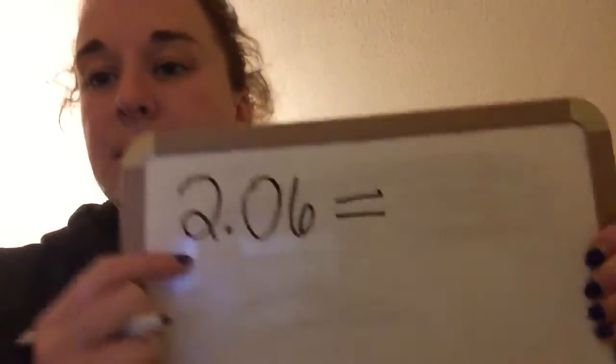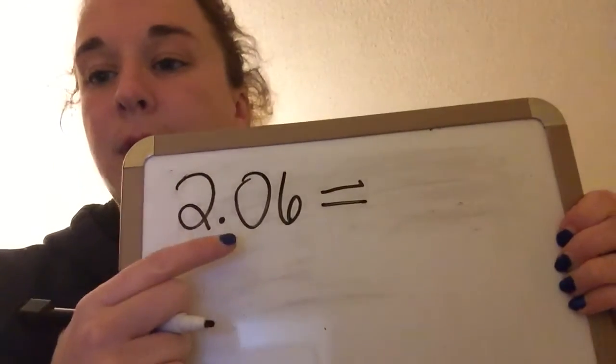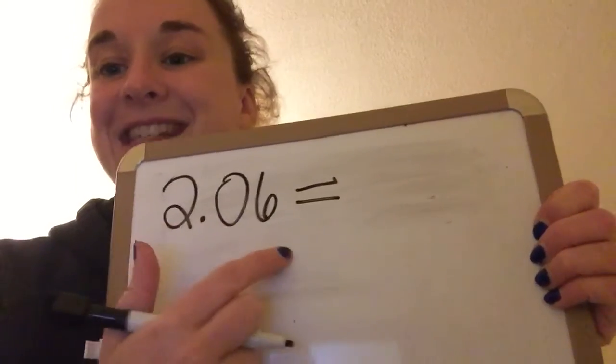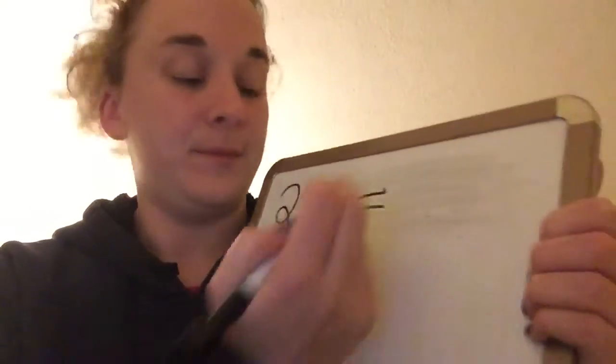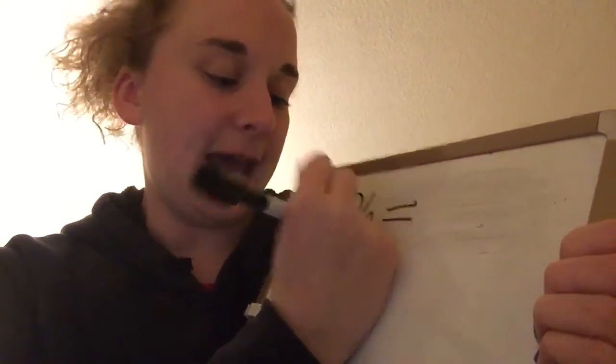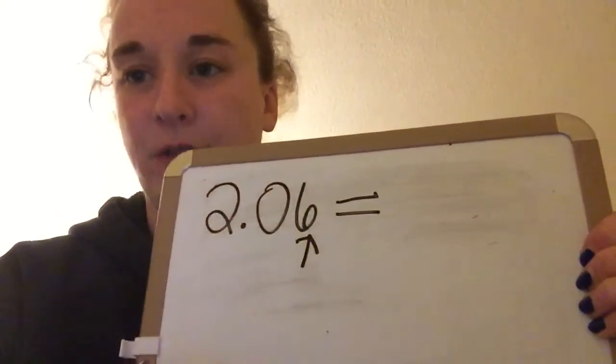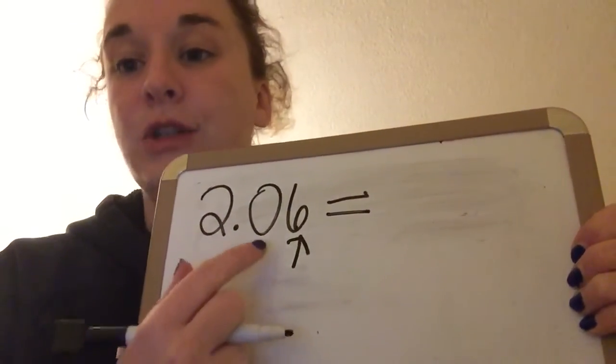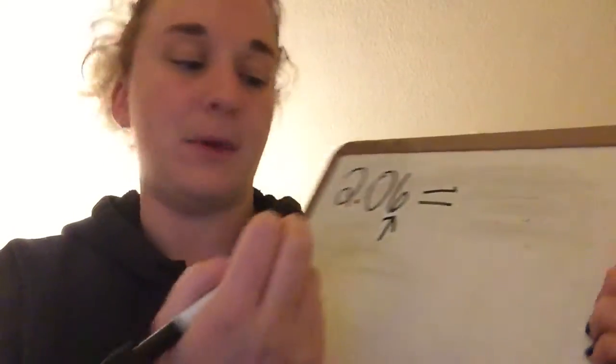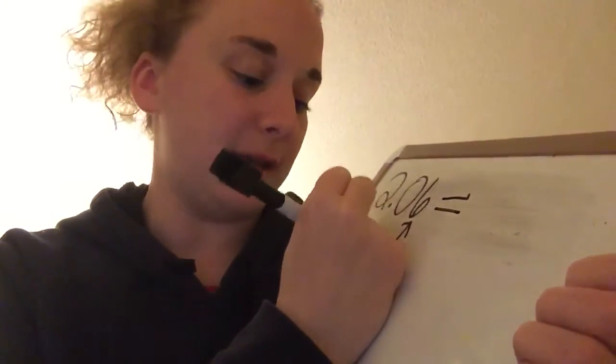So on this number, we have 2 and 6, but remember, the 6 ends in the place value 2 spots after the decimal. So if it ends in 2 spots after the decimal, that's our hundredths place.